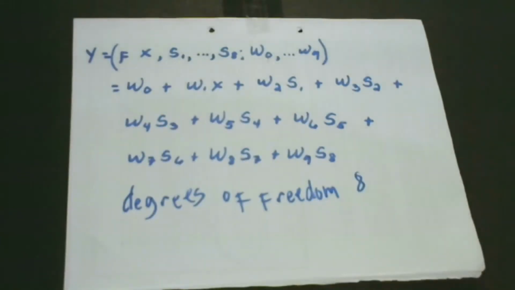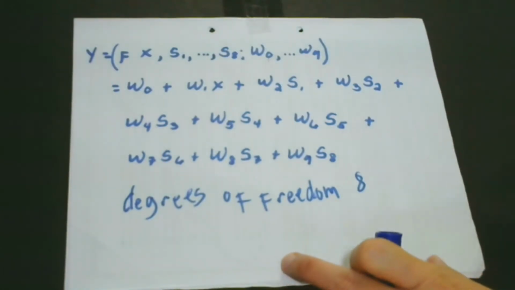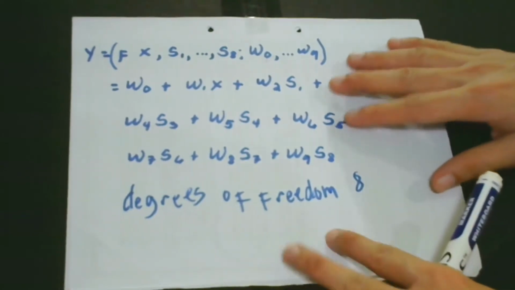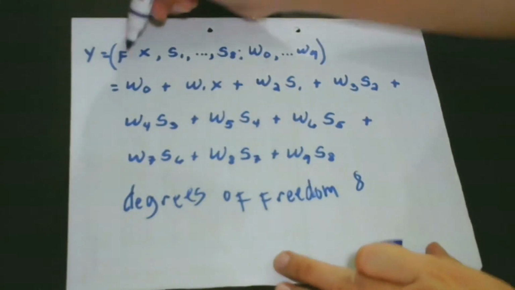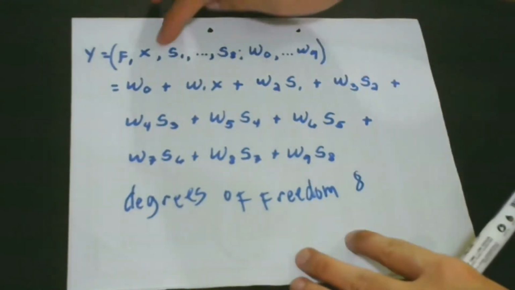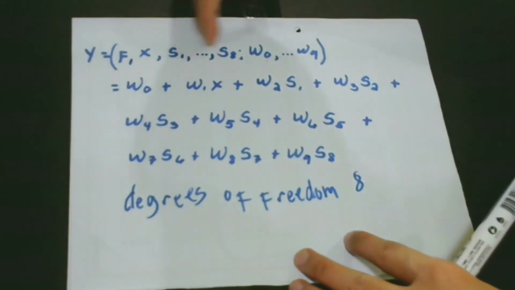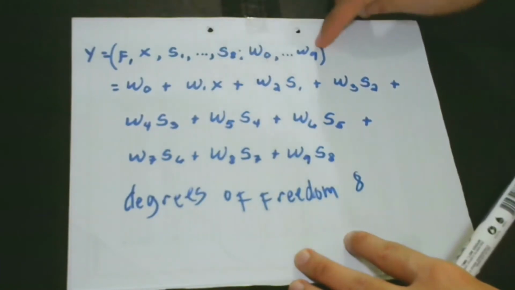Okay, so granting that we are already done with it, this is our predictive model. We have here y is equal to the function f of x, with x having the attributes s1 to s8 and with parameters w0 to w9.